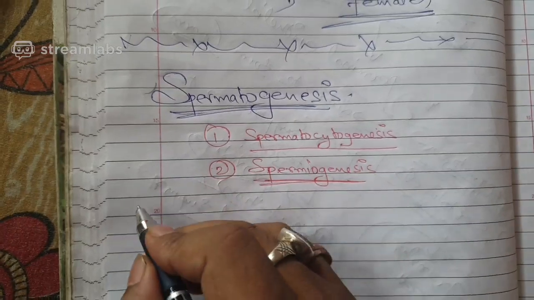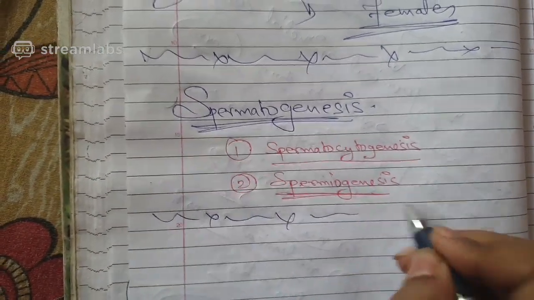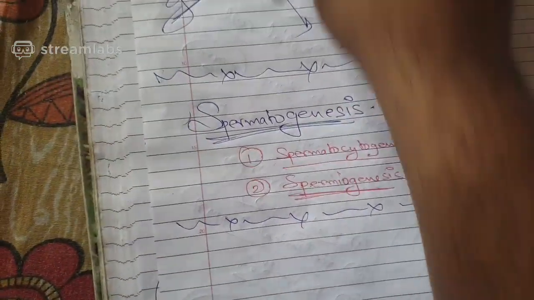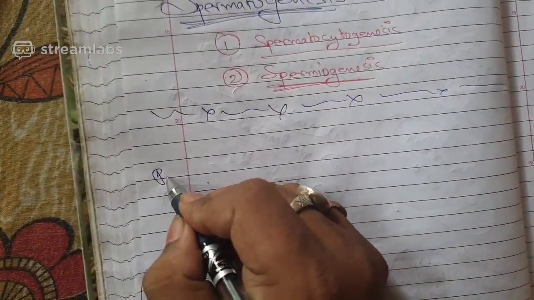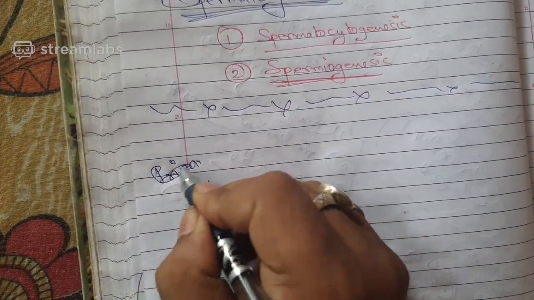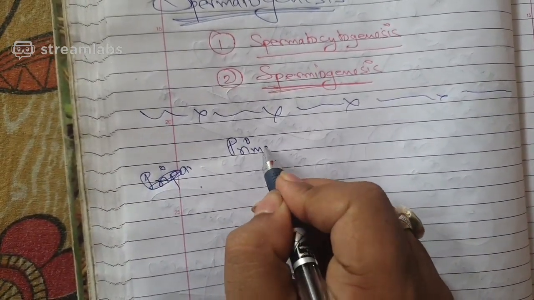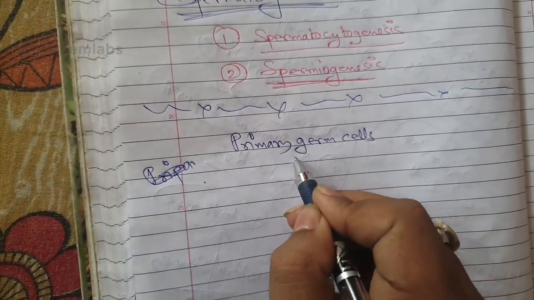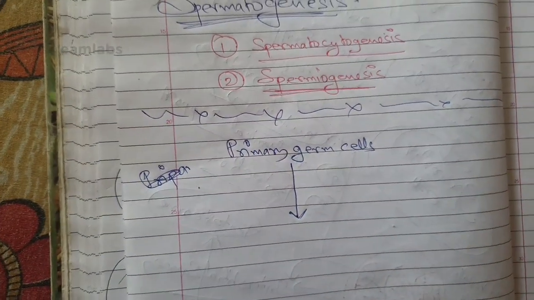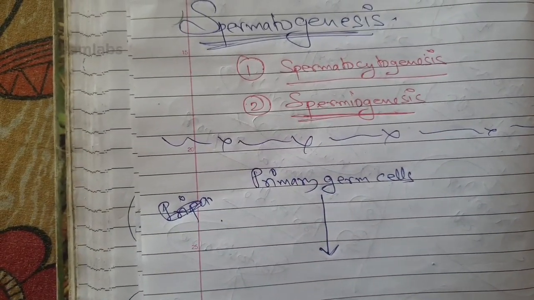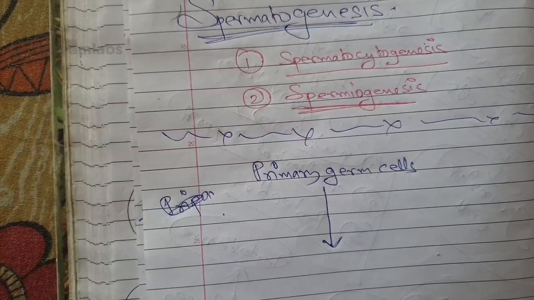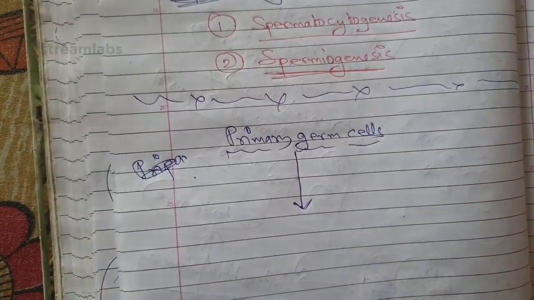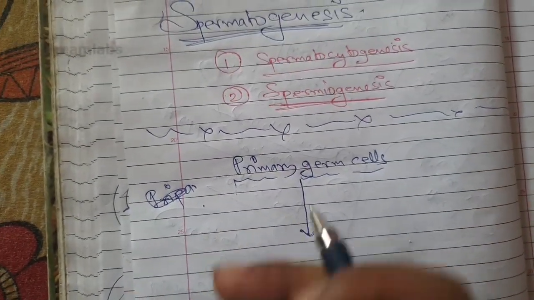Now let us try to understand it. To understand it, at first the primary germ cells are there. Where are the primary germ cells?